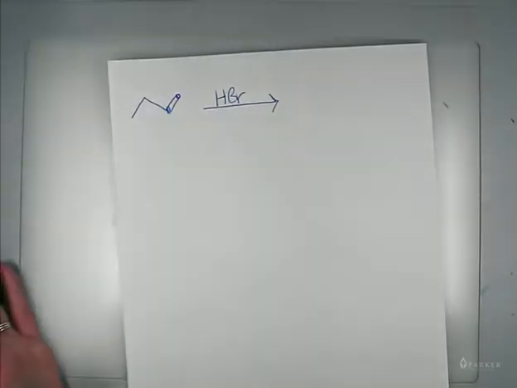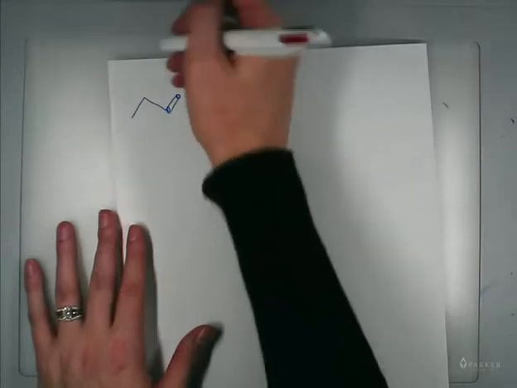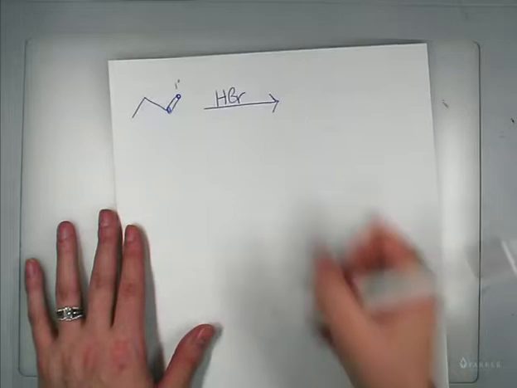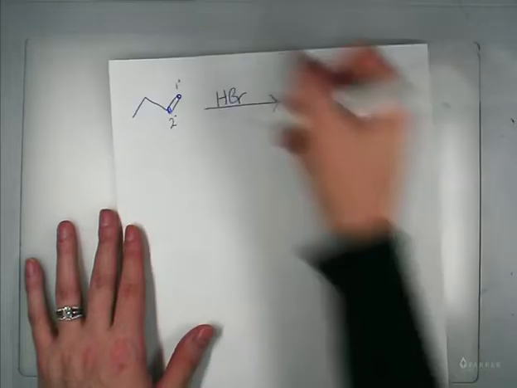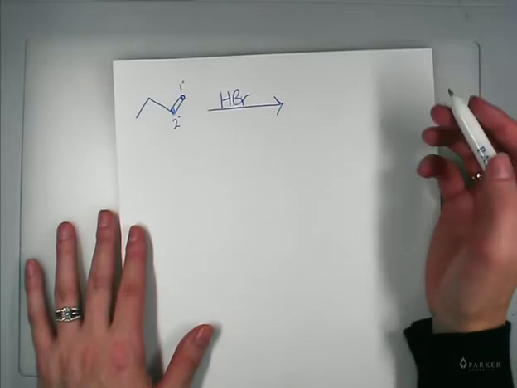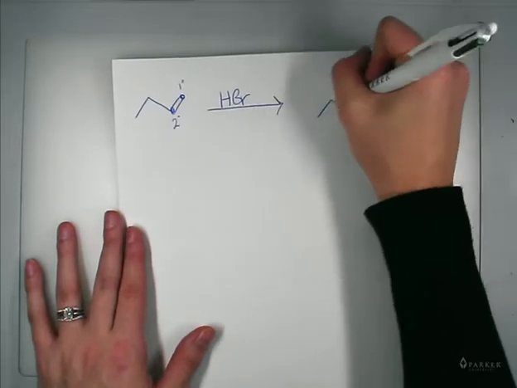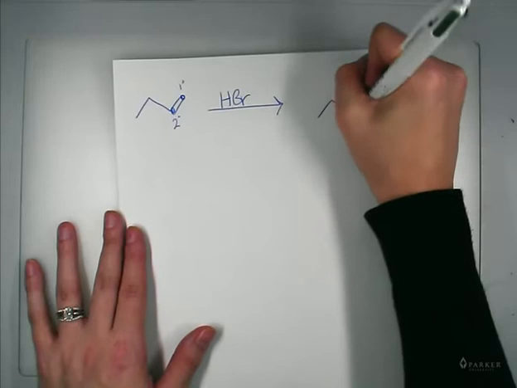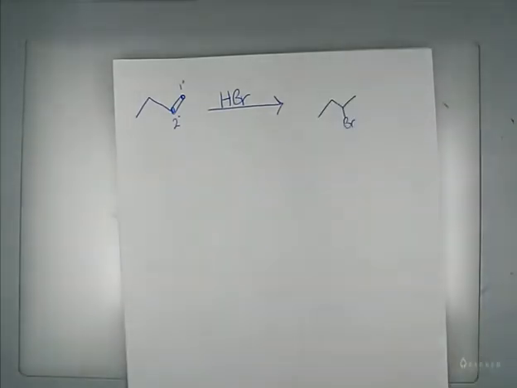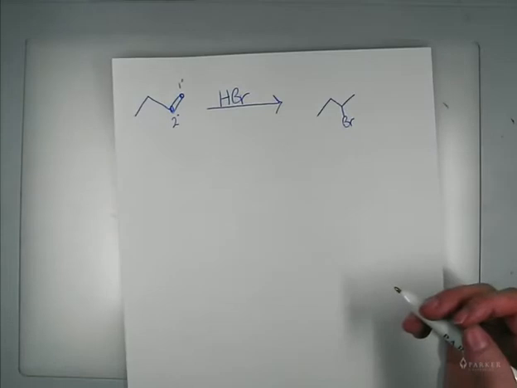We don't care about the rest of them, they're just there to distract you. What type of carbon do we have here? A primary, and this is a secondary. So where would the bromine go? The secondary. And what's on the other side? Hydrogen.